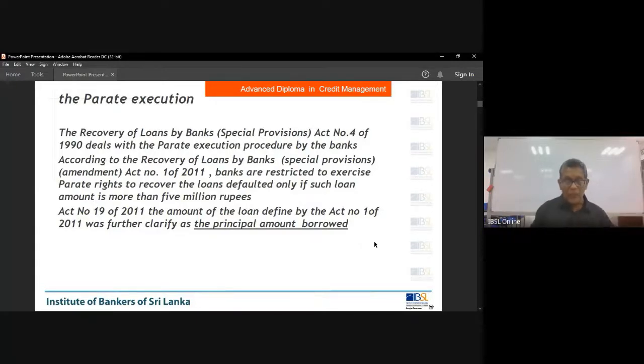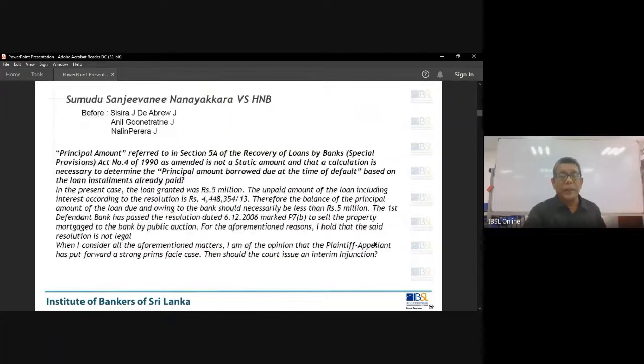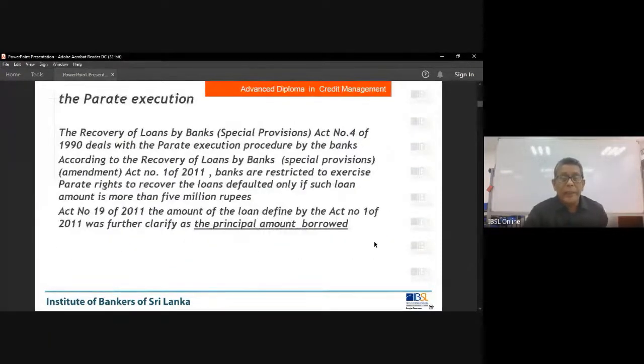So, with regard to parate execution, the word parate is derived from a Dutch word.